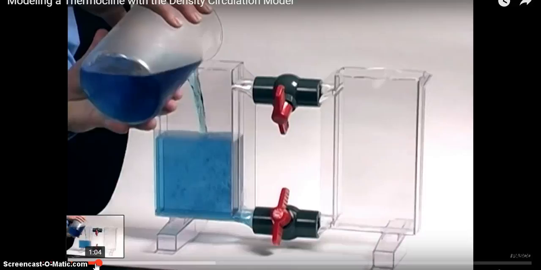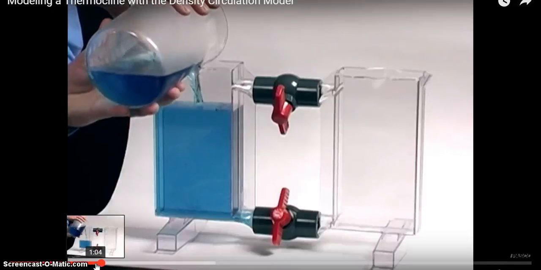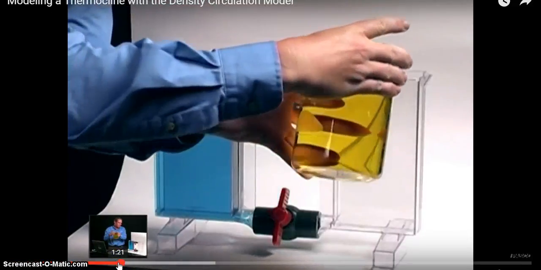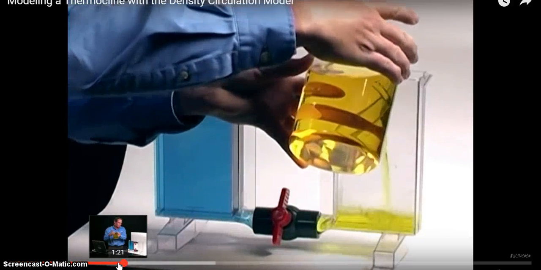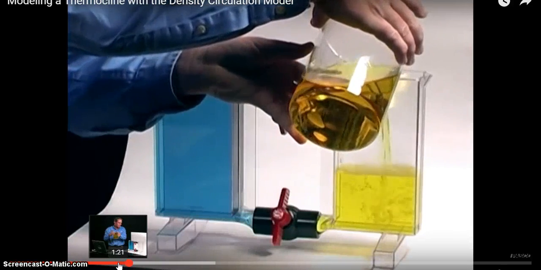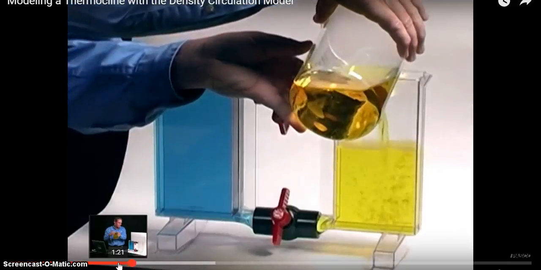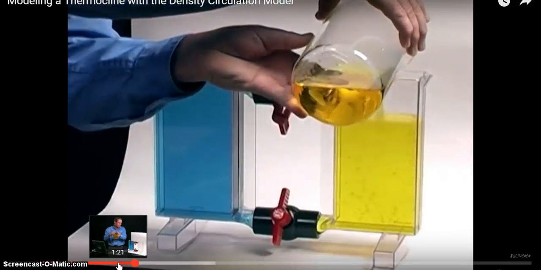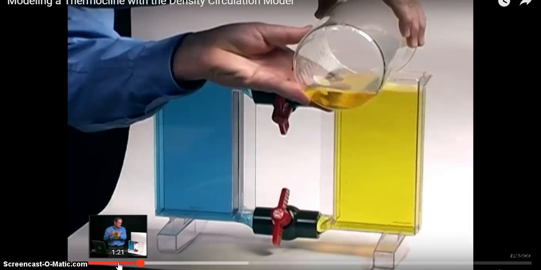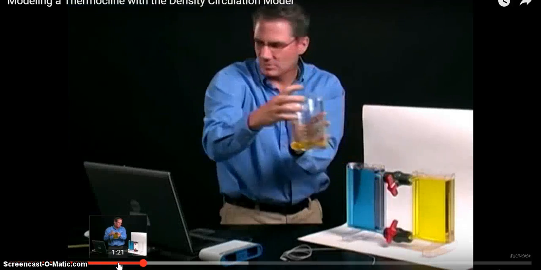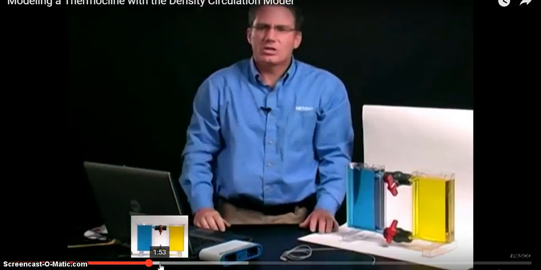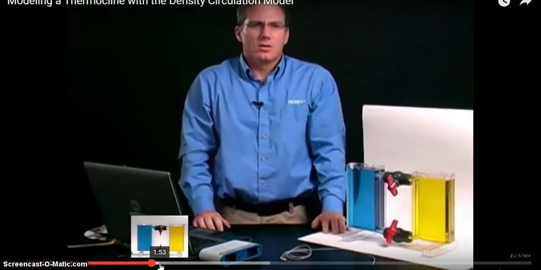Here he's pouring cold water into the left side. And here he's pouring warm water into the right side. Now I've pre-configured the software to save some time.